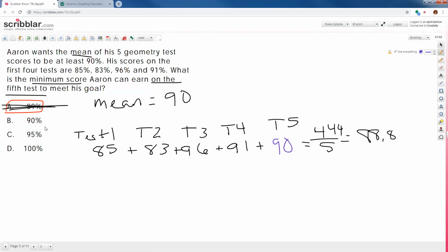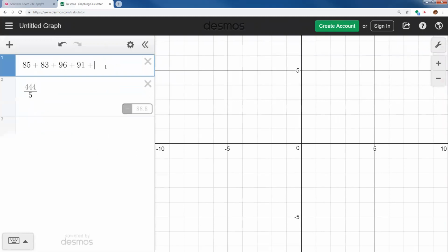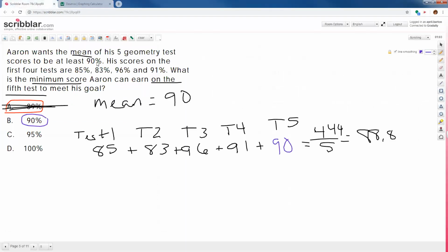We're trying answer choice B to see if it works. So if we go to the calculator, we can actually erase the 89 on this calculator and just get the next one. So almost exactly the same. 445 divided by 5 gives us exactly 89 instead of the 88.8. So still a little bit off.